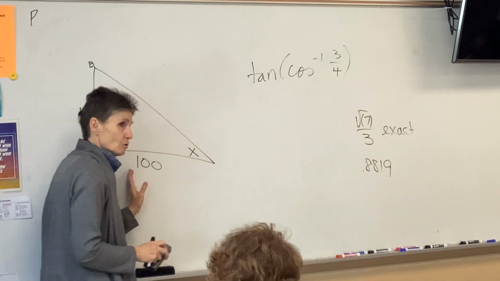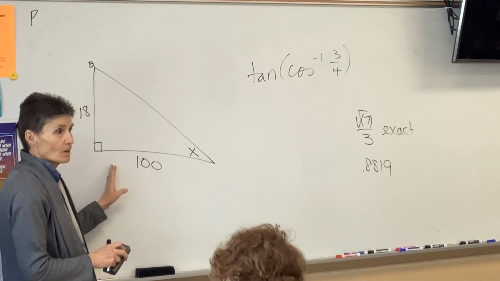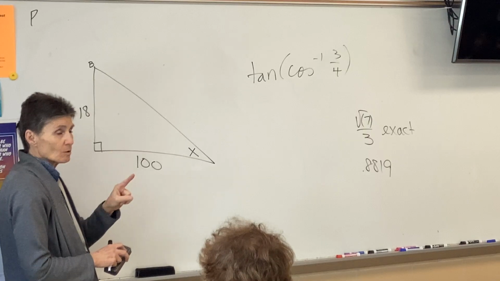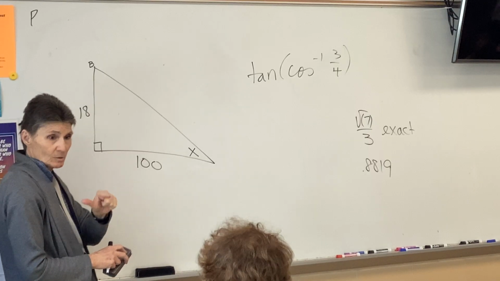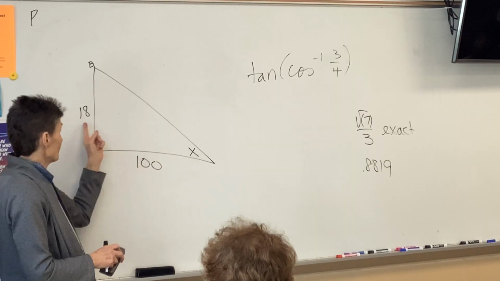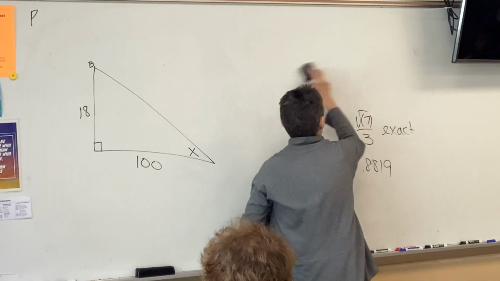Does that picture make sense to you? Okay. Once the picture is drawn, then we're going to write an equation. It's going to be sine, cosine, or tangent. So here's my angle. Here are the sides. Is this going to be a sine, cosine, or a tangent?